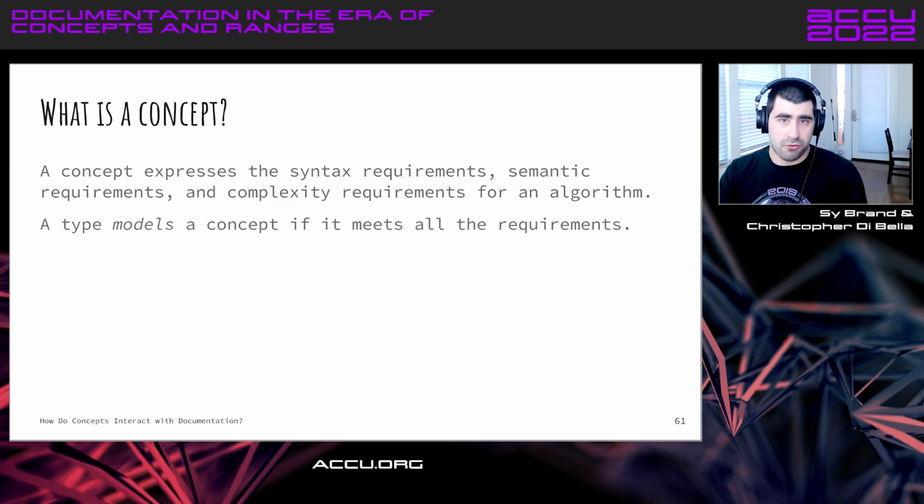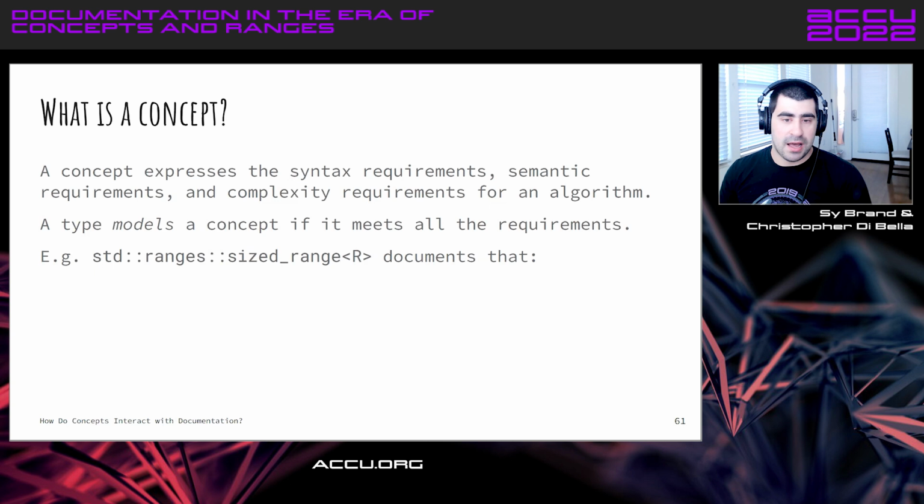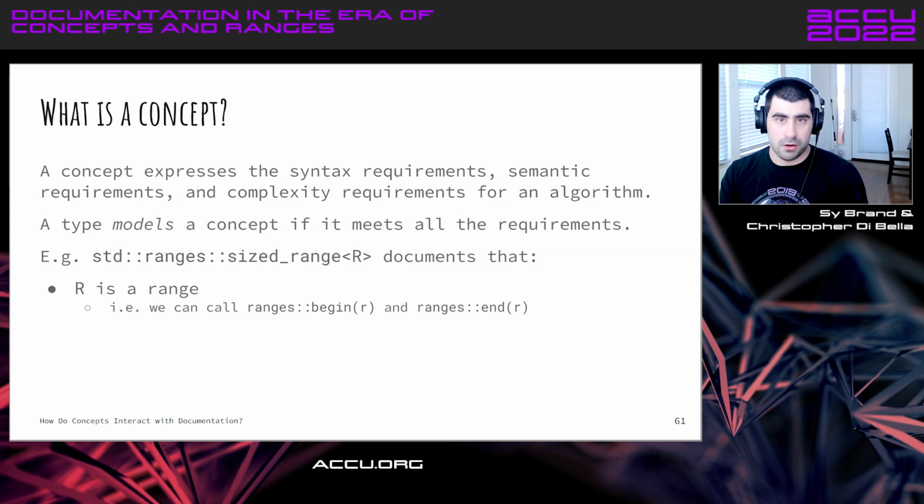So we'll quickly go through a very quick example. For example, we have a concept called std::ranges::sized_range, and on a type R, that documents that type R is a range, which means that if we have some object called lowercase r, we can call ranges::begin on this object and ranges::end on the object, and those two things just work.